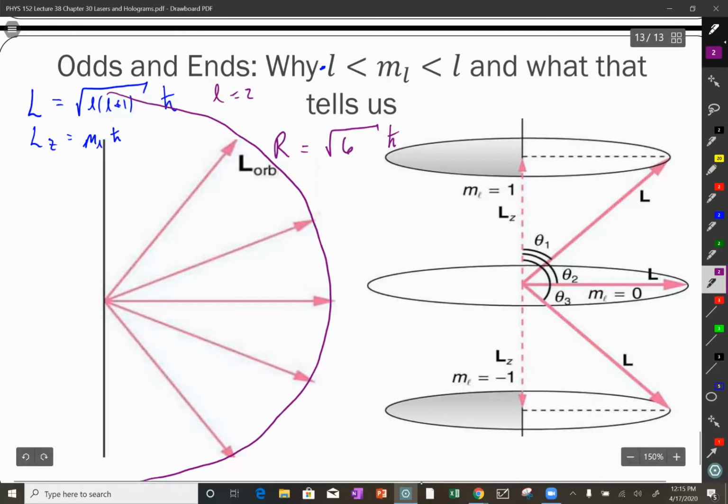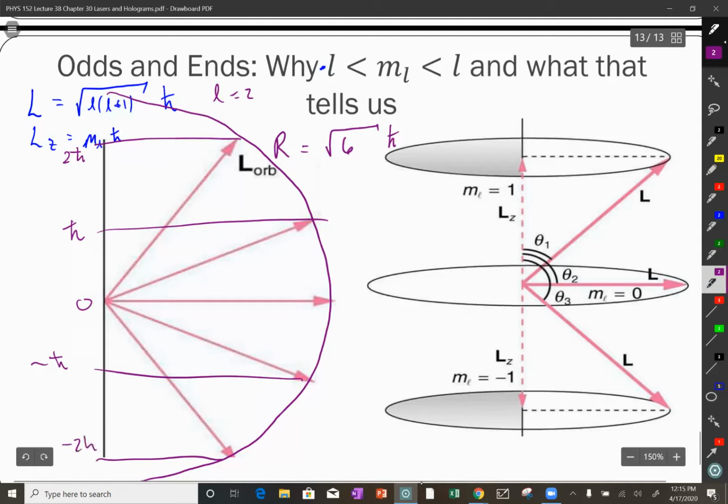But then the actual component in the z direction is 0 or H bar or 2H bar, or it could be minus H bar or minus 2H bar. And so what this means is there is a certain angle between the z-axis and my actual angular momentum.